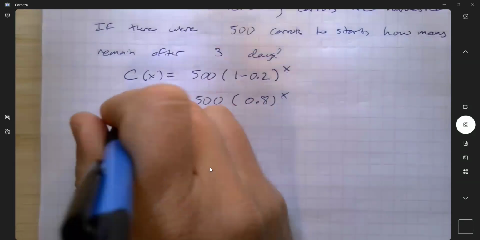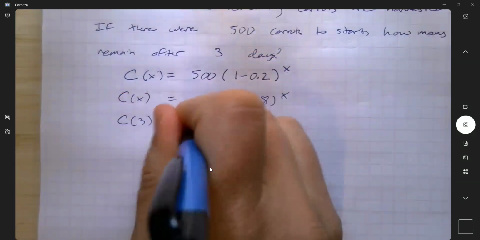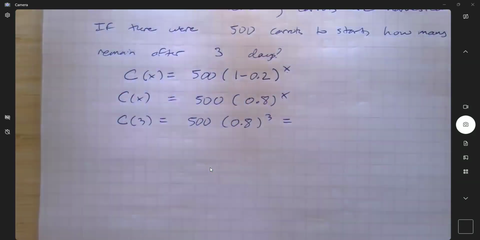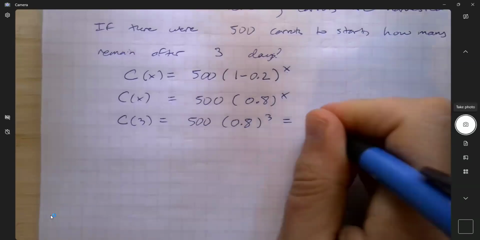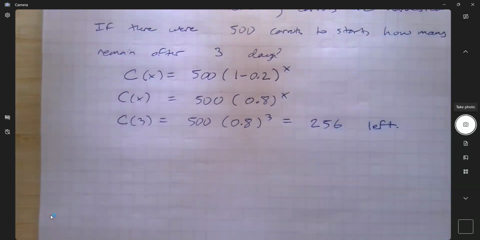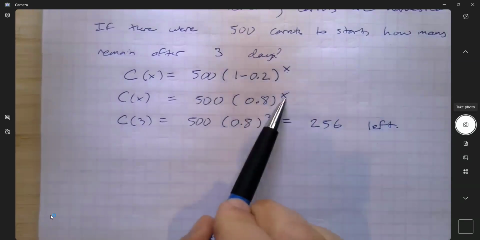And now we want to know 3 days. So that's 500 times 0.8 to the third power. And Desmos will tell us that one. 256 carrots remaining after 3 days. And you could imagine saying, well, how long will it take until there are 4 carrots left, right?